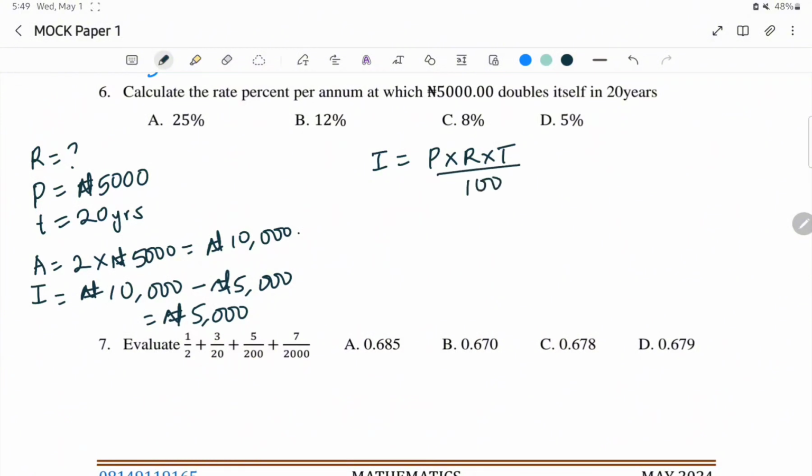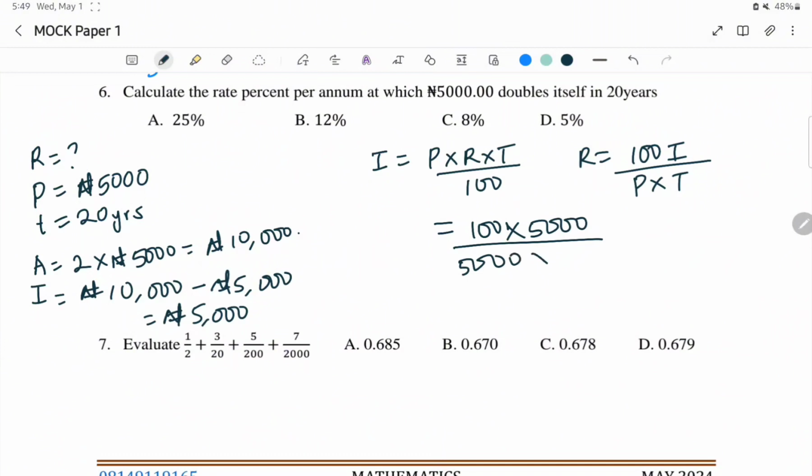If we want to make R the subject of the formula, it is simply 100 multiplied by the simple interest divided by principal and time, which is equivalent to 100 times 5,000 divided by 5,000 times 20. This is going to cancel out: 20 here 1, 20 here 5. That means the rate percent is 5.